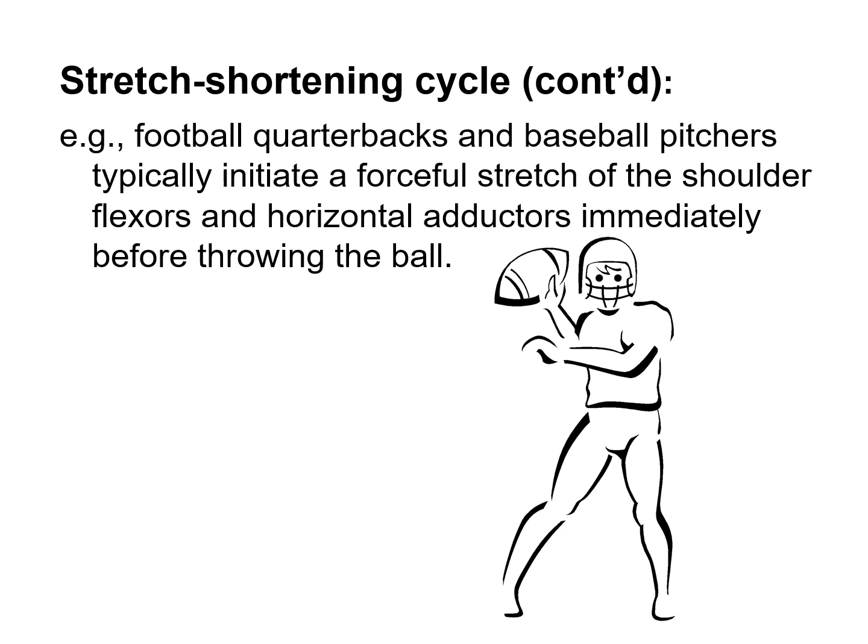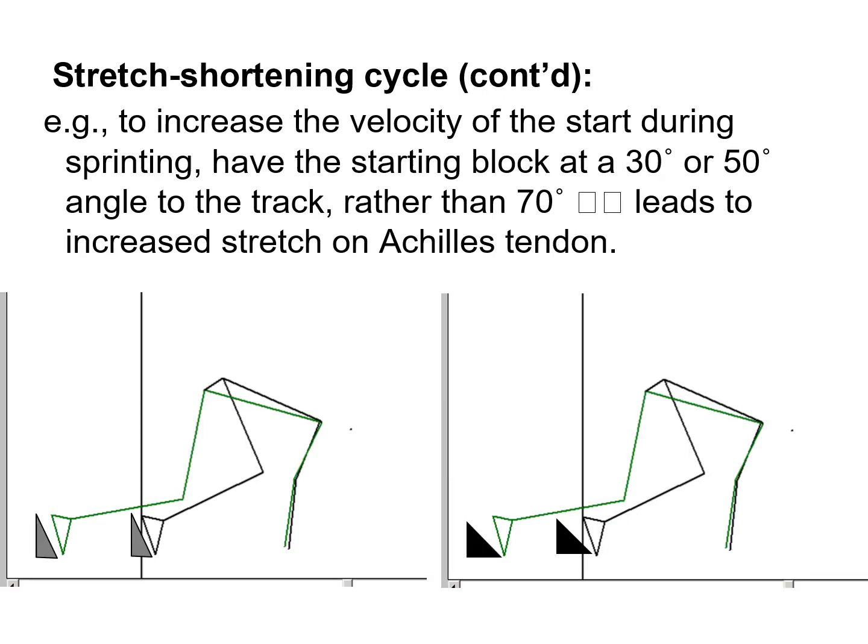And then when they concentrically contract those muscles, they're creating active force as well. That's the contractile component. So they're adding that strain energy to the contractile energy so they get a better, more forceful throw.